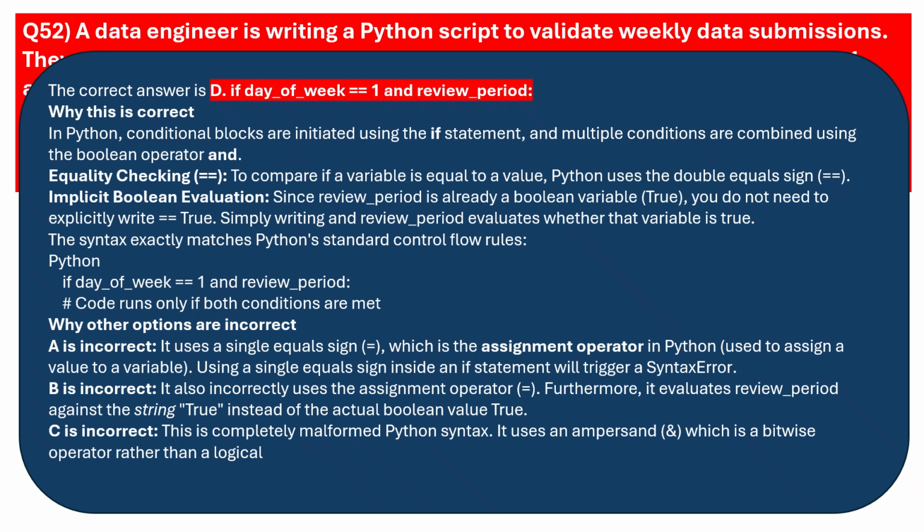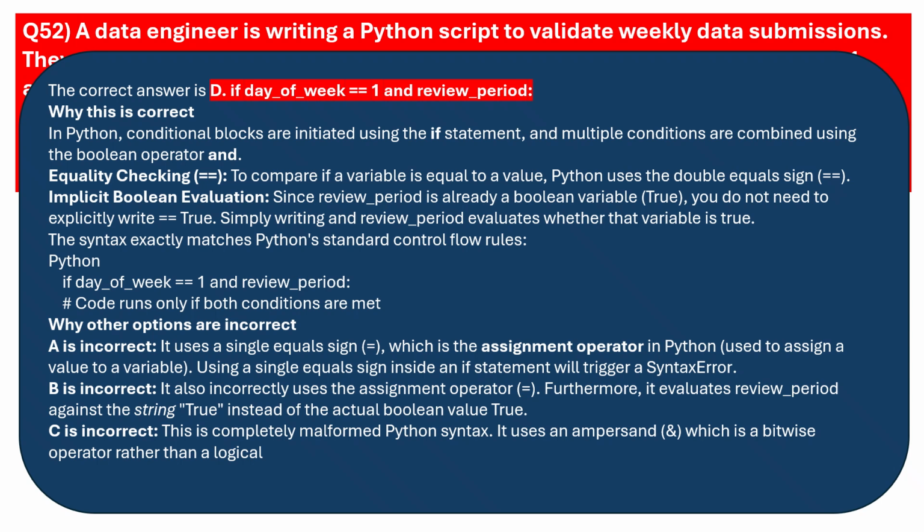Simply writing and review_period evaluates whether that variable is true. The syntax exactly matches Python's standard control flow rules. In Python, if day_week == 1 and review_period: the code runs only if both conditions are met.